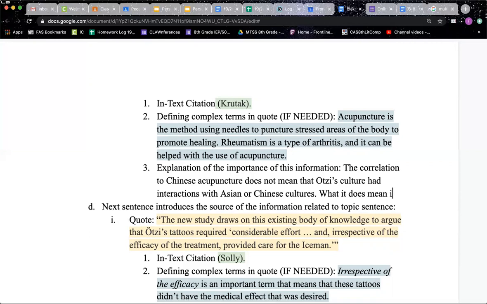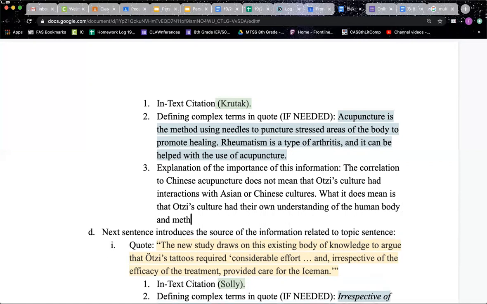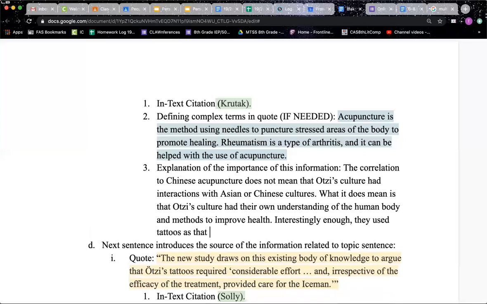What it does mean is that Otzi's culture, if they knew acupuncture, that means they knew health, so had their own understanding of the human body, methods to improve health. Yeah, I think that works. And our culture doesn't ever think about tattoos as healing, so I'm going to say, interestingly enough, they used tattoos as that method to heal.